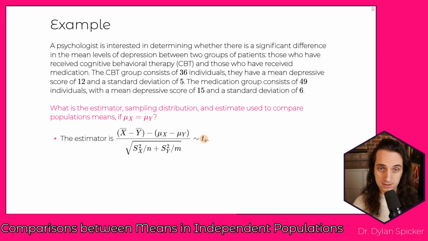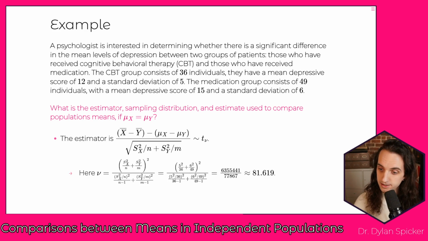Okay. And so then if we plug in our values here, we get our 5 and our 36, our 6 and our 49 all plugged in, and we find that the number of degrees of freedom is going to be 81.619. And so we can use that. The other option is that we could have considered the minimum between n minus 1 and m minus 1.